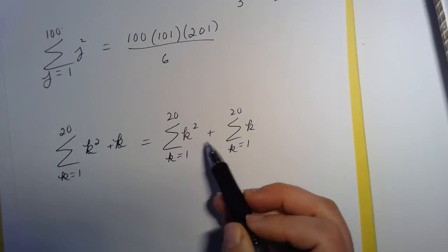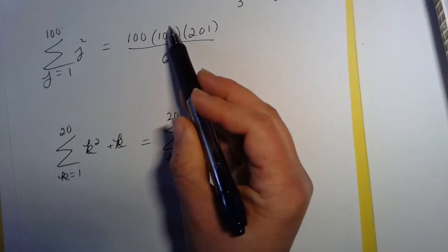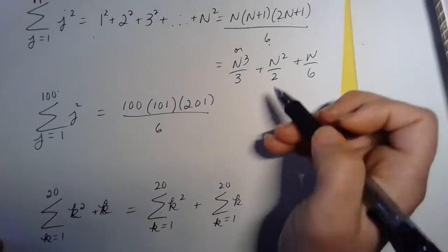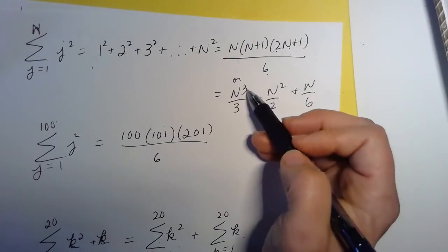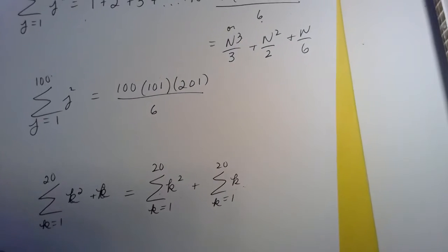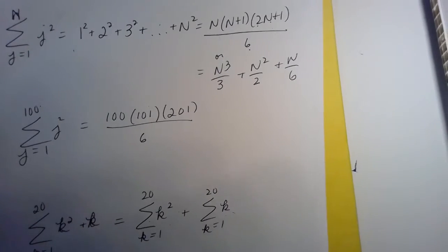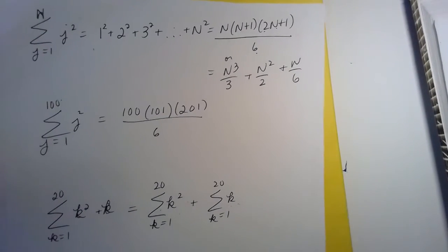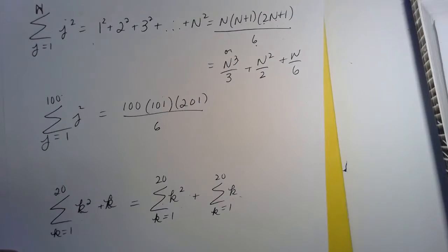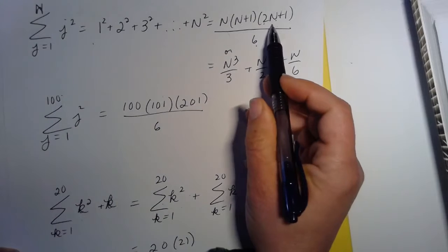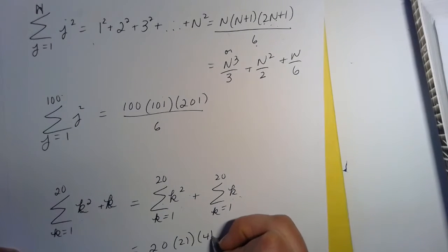So now I can use my 2 separate formulas, right? This one is the formula that's on this page, n times n plus 1 times 2n plus 1 over 6. If I apply that here, that is going to give me 20 times 21, and then 2 times 20 is 40 plus 1 is 41, over 6.